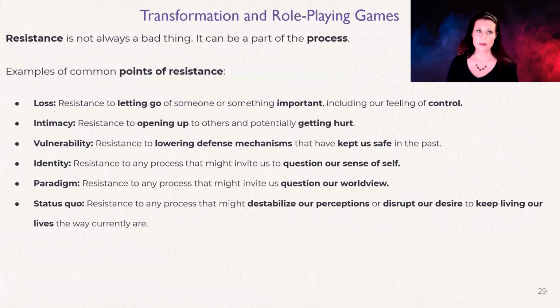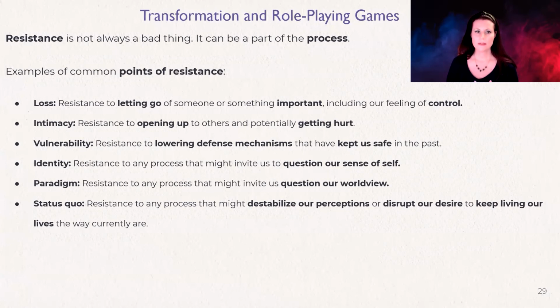And then there's also our paradigms. We might be resistant to any process that might invite us to question our paradigm or our worldview, the way that we look at reality. And then finally, we have the status quo. This one is kind of the hardest one sometimes to let go of, because even if we're not completely happy in the status quo, at least it's predictable.